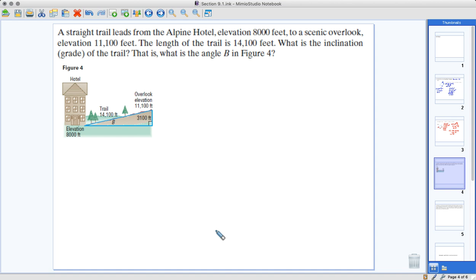What is the inclination grade? So, find angle B. I have my opposite side, I have my hypotenuse. Determine what trig function goes with opposite and hypotenuse, which is sine. So sine of B equals your opposite side over your hypotenuse.